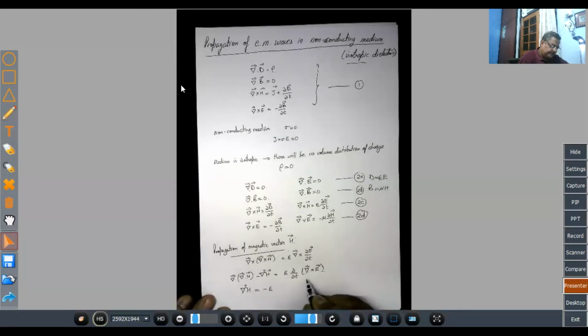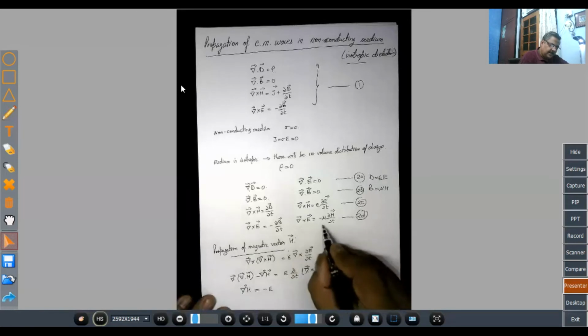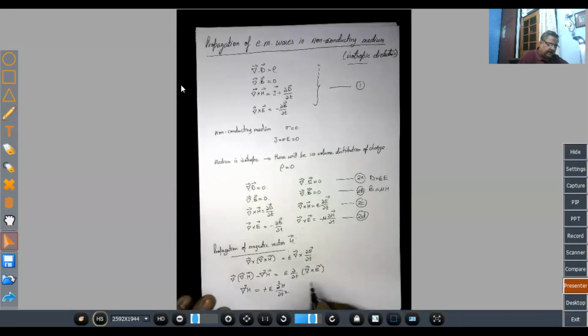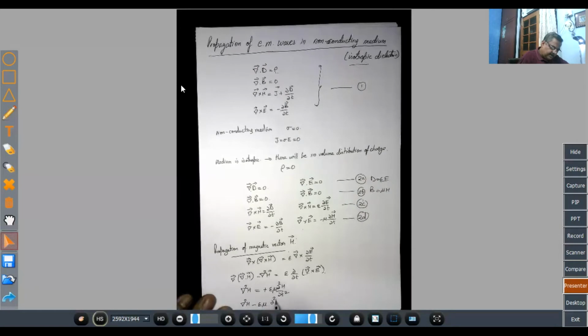Now we can use this equation. Del cross E is equal to minus mu. This and this will give me, substituting del cross E from this equation to this equation. Of course, mu. Now we rearrange this such that it is equal to 0.